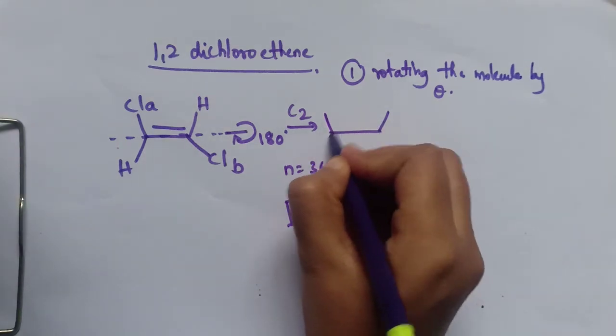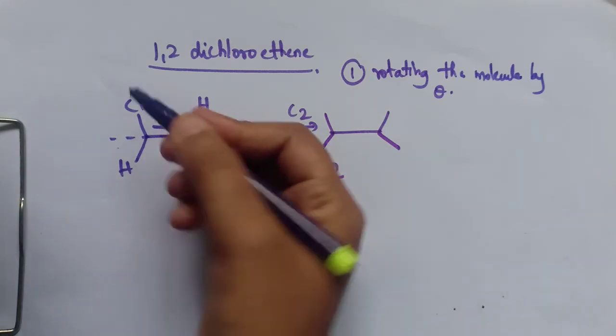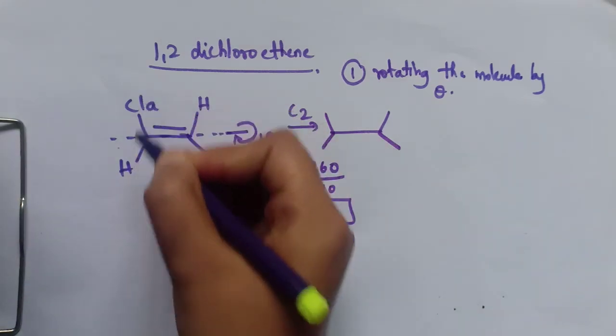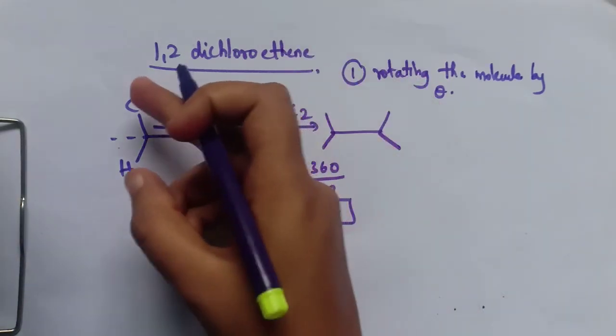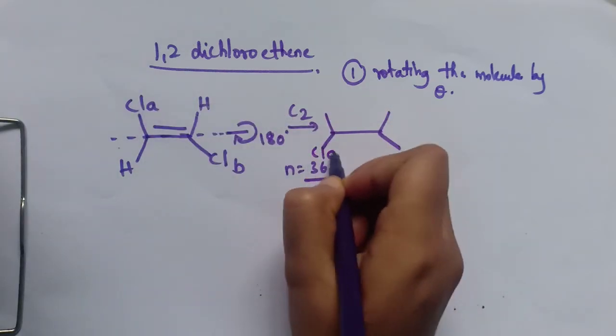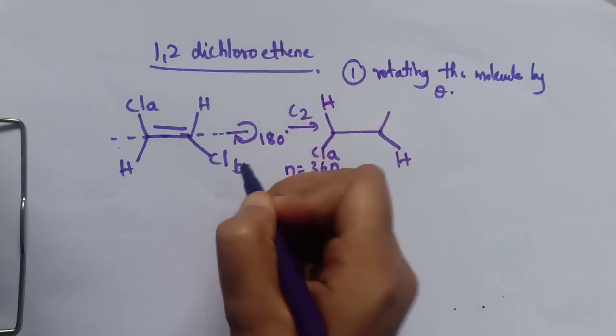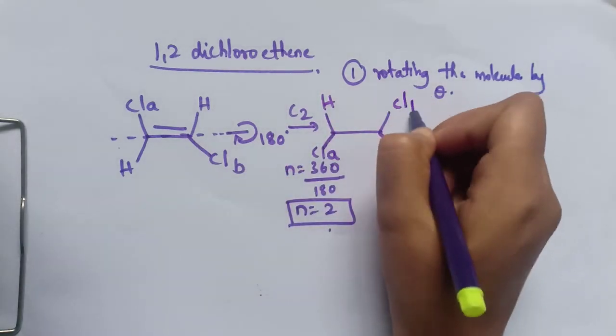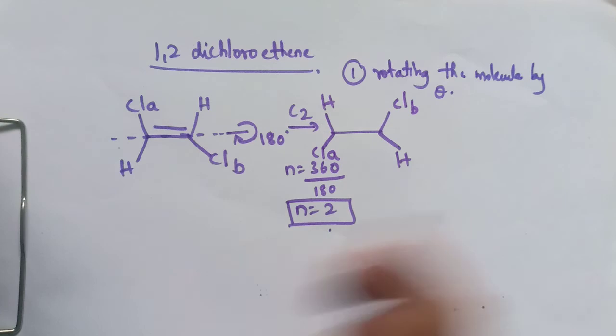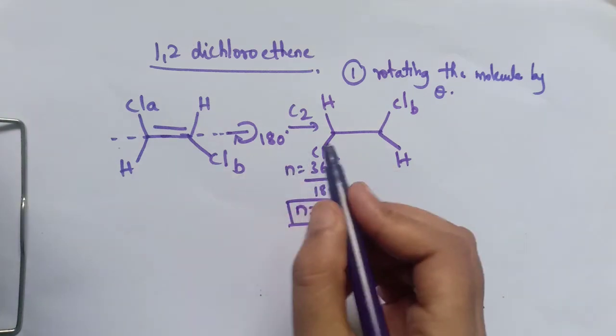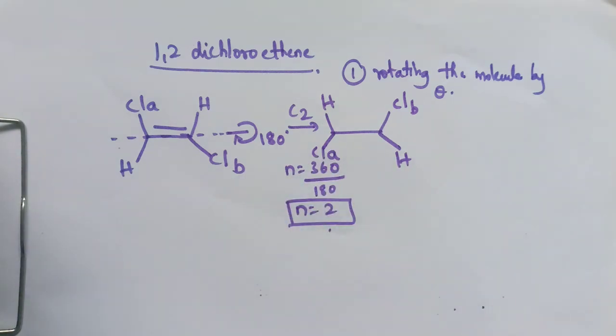Now let's draw the structure once again. After rotation, this Cla will come on this downside, whereas this H will come this side and this H will go on the upper side. This Clb will go on the upside. So like this, we are rotating the molecule by 180 degrees.